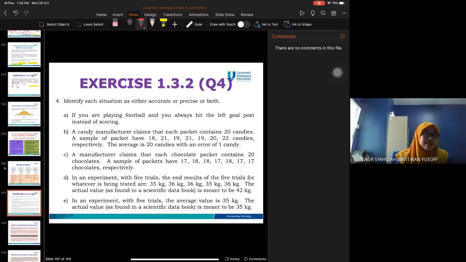Like we discussed just now, group A and group B have a similar mean, but the consistency is different. Similar to here, we just know the mean. So the mean is similar to the actual value, so it is accurate. But we don't know the measured value, so we cannot say whether it is precise or not. So just accurate.